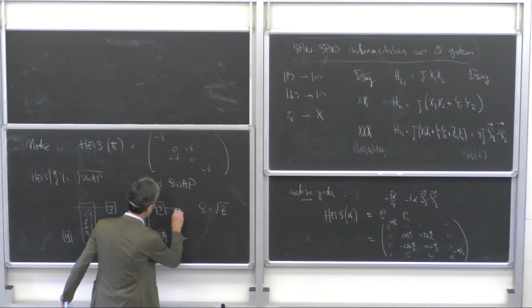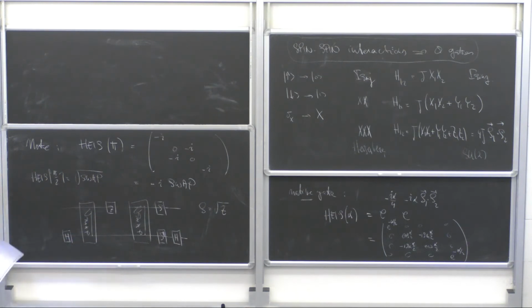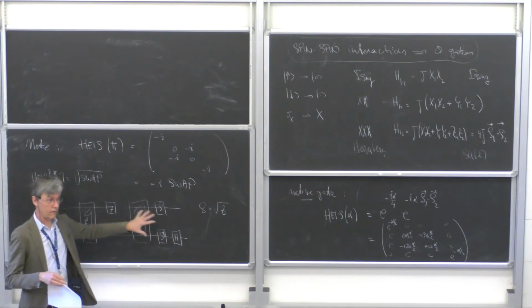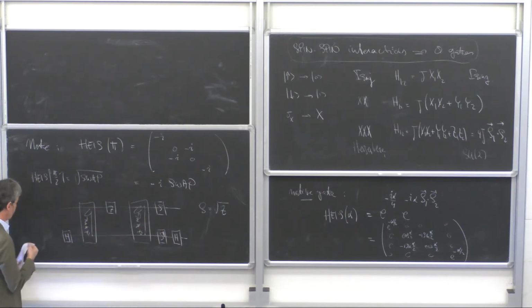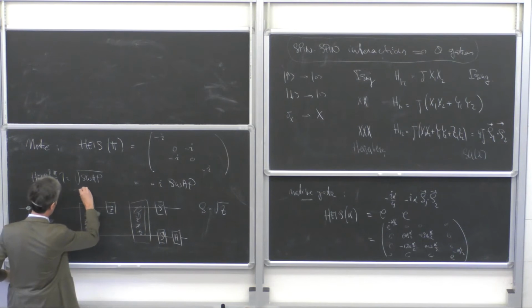So the claim is that if you combine this square root of swap with these 1-qubit gates, this whole thing is equal to the CNOT. And now, you know, CNOT is not symmetric. I think it's this way. Yeah. So this is this notation square root of swap.